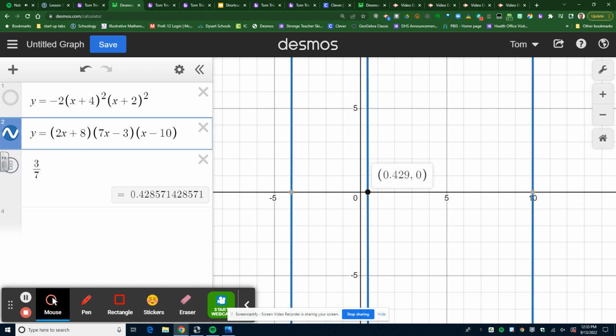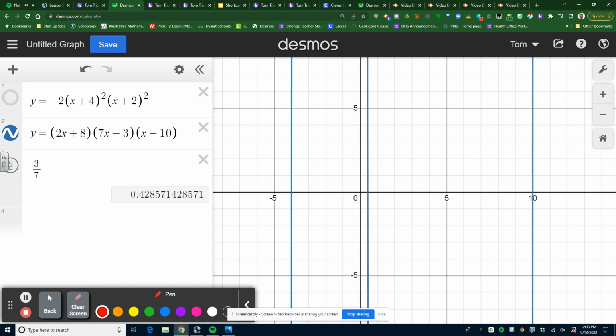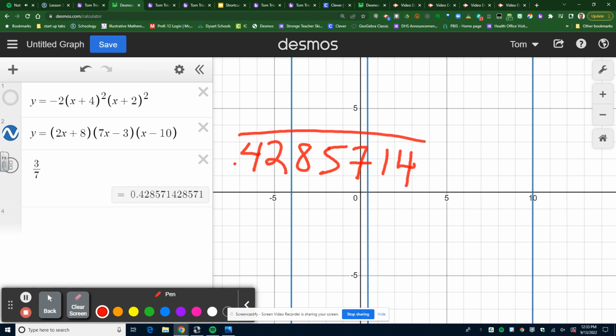This will not be precise enough, because what that's doing is rounding off to the nearest hundred thousandth. So the way you would write it is 0.428571 with a bar over it. That's how you write 3/7 as a repeating decimal.